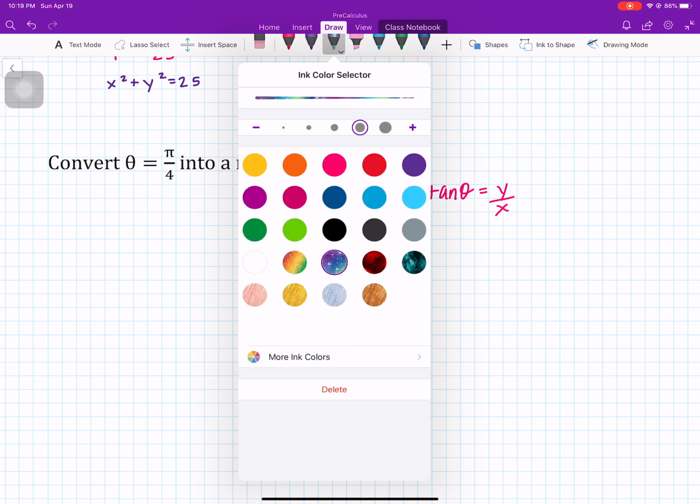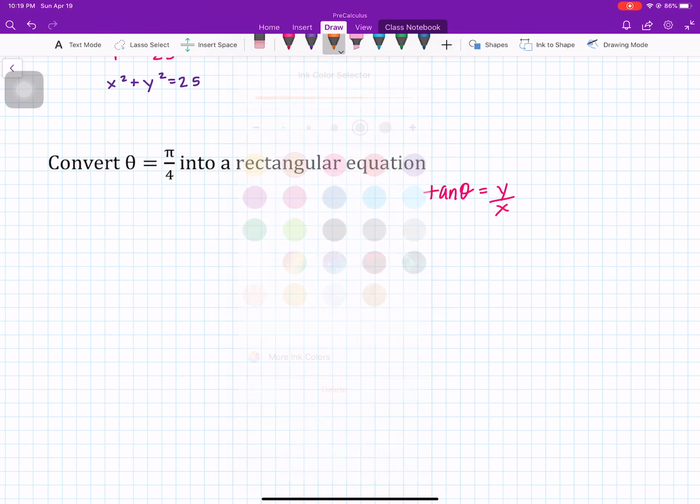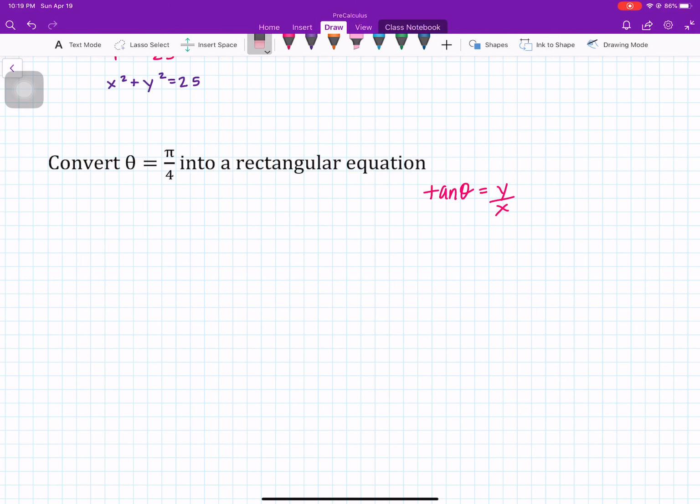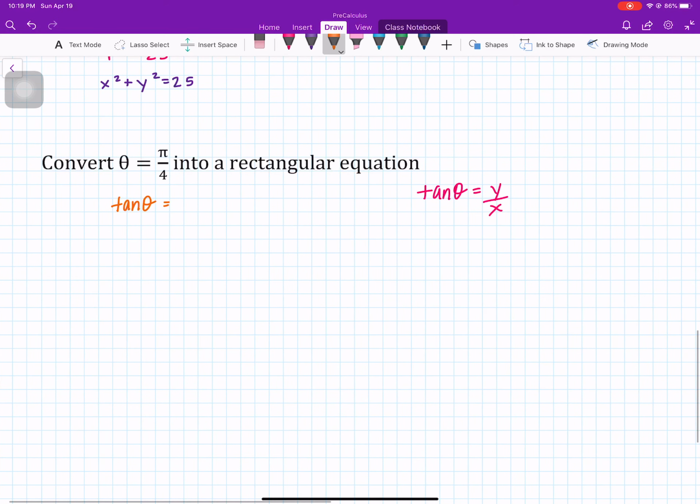So what if we took the tangent of both sides? What if I said the tangent of theta is equal to the tangent of pi over 4? Still a true statement, because you're allowed to do the same thing to both sides of the equation.